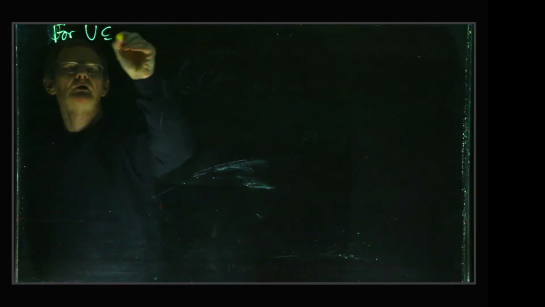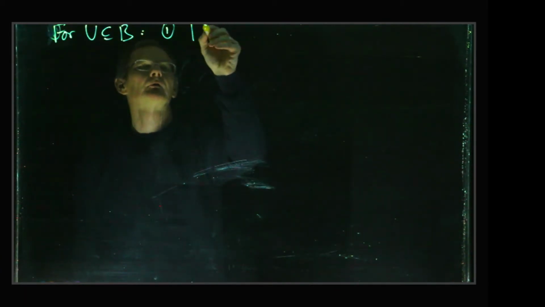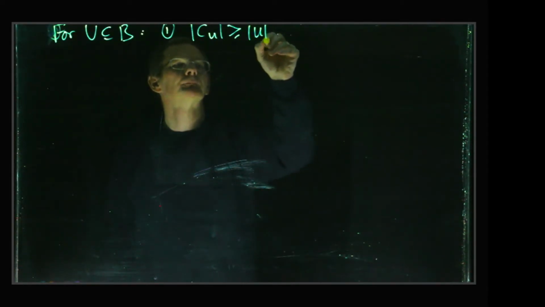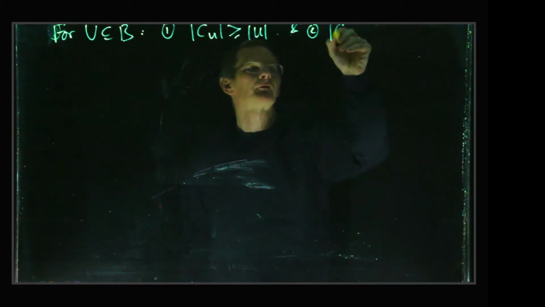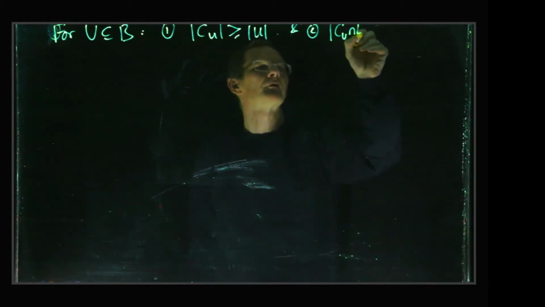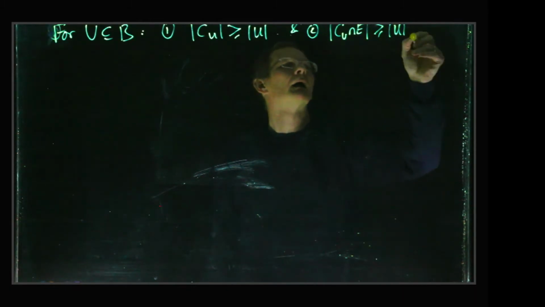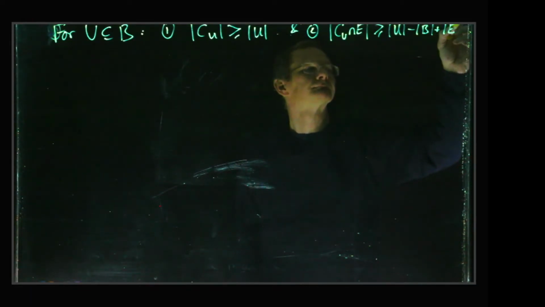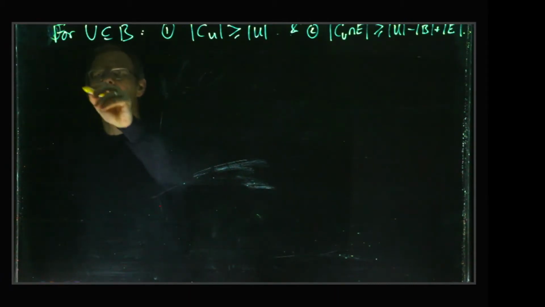For any set U of real jobs, condition 1 was that the size of CU is at least as large as the size of U, and condition 2, the size of CU intersect E, the number of enthusiastic candidates, is at least the size of U minus the size of B plus the size of E.